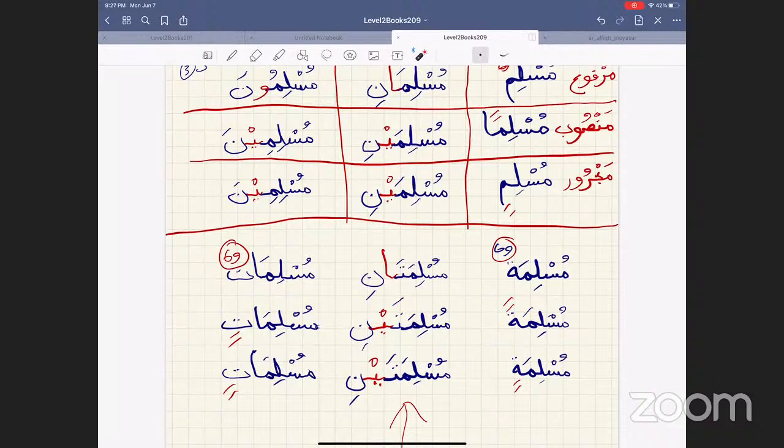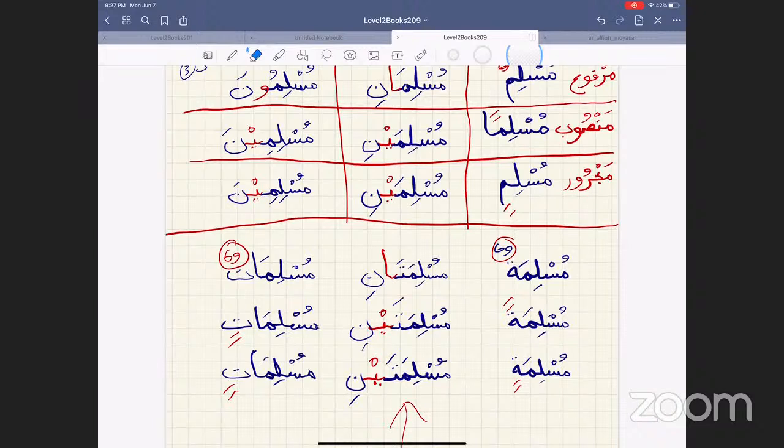So we also memorized these before. Muslimatun, muslimatan, muslimatin. Muslimatani, muslimatayni, muslimatayni, muslimatun, muslimatin, muslimatin. If you put this in the memory bank, maybe you didn't do it the first time, if there's someone out there, now is the time to do it again.